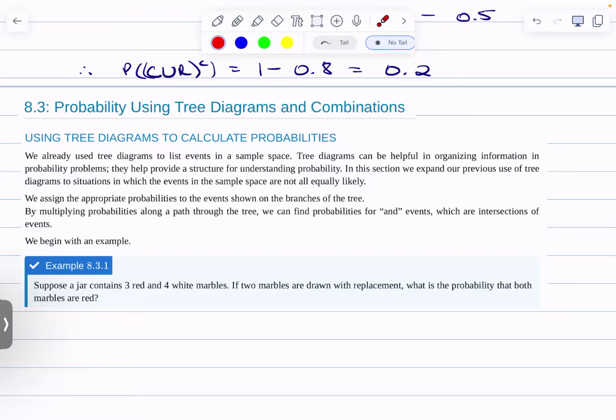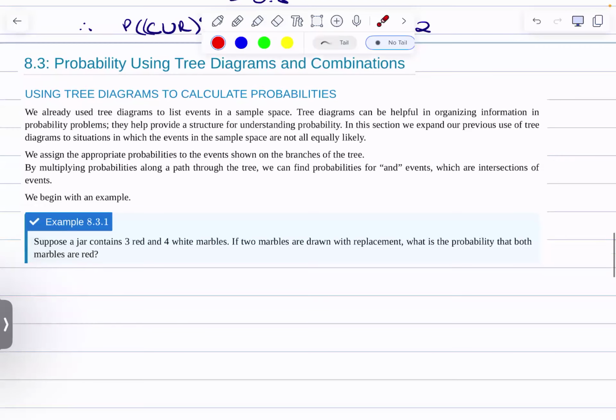We'll still have each outcome, but each outcome happens with some probability. We attach probabilities to each event on the branches of the tree.